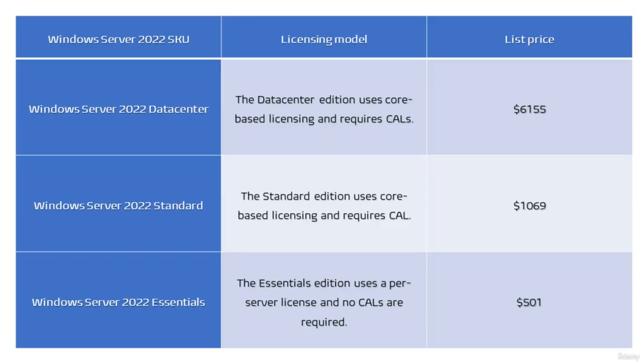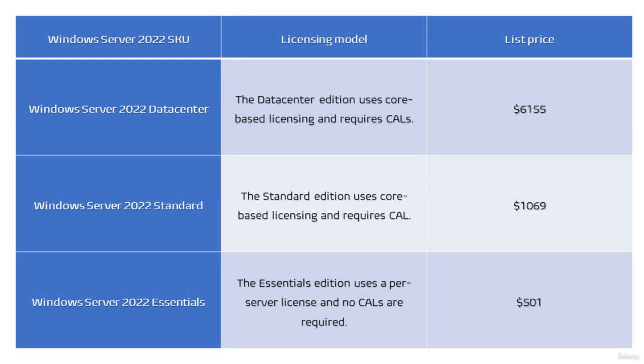Let's check out the Microsoft list prices for Windows Server 2022. You see them right there on the screen. Windows Server 2022 Data Center is obviously the Data Center edition. This uses core-based licensing and requires CALs. That's $6,155. It's the list price, though.